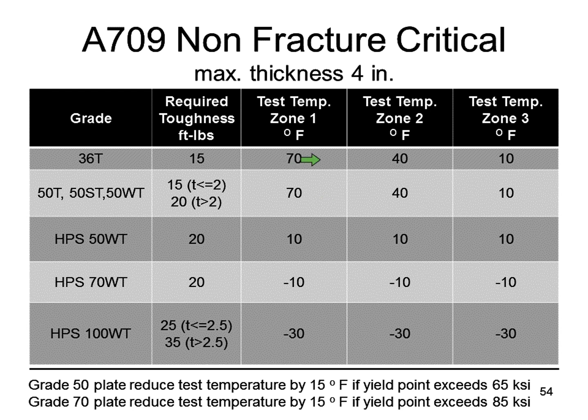And you can see that the test temperature goes down as we move to the colder zone 3 from zone 1. So we have these adjusted, and these are written right into the 709 spec, so that if you specify that you want zone 2 and it's HPS 70W, they will know that they need to test for 20 foot-pounds at -10.